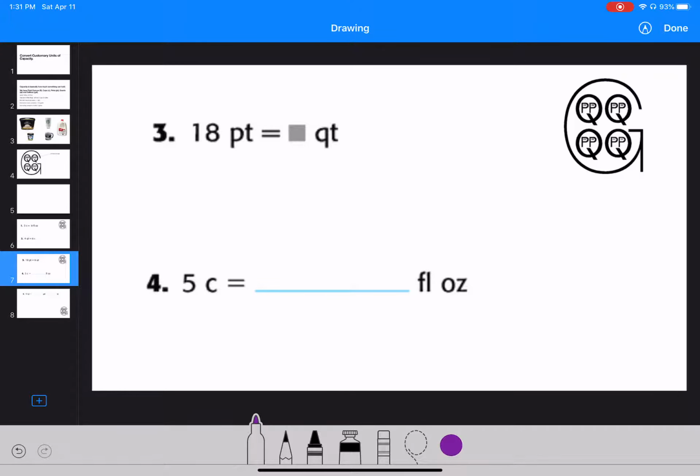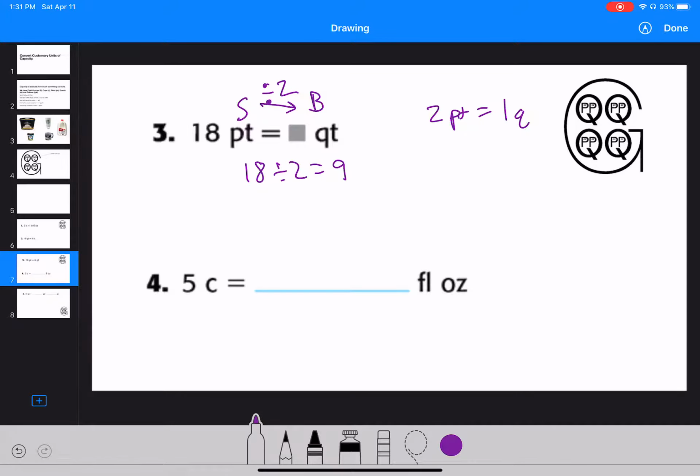Let's keep working here. Here we're going from pints to quarts. So now we have something smaller going into something bigger. When this happens, we have to divide. And there are 2 pints in 1 quart. So therefore we have to divide by 2. 18 divided by 2 equals 9.